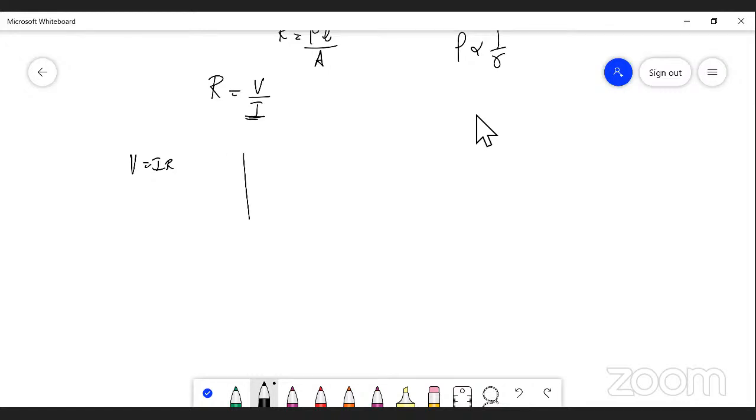We are going to draw a graph by taking voltage along the x-axis and current along the y-axis. Voltage is the independent variable, so it is taken along the x-axis. Current is the dependent variable, so it is taken along the y-axis. The graph obtained is a straight line. As voltage increases, the current also increases correspondingly.